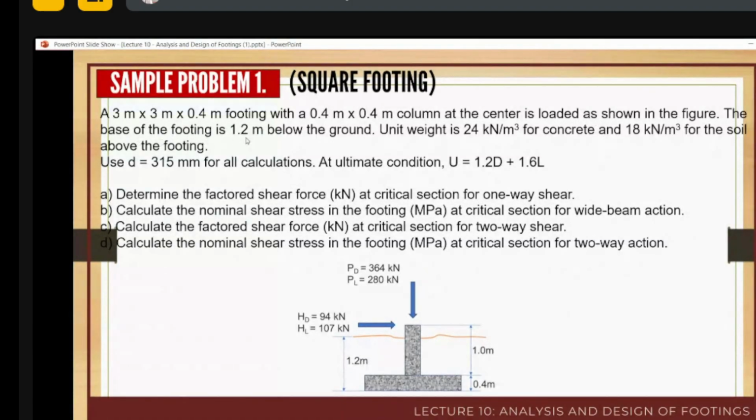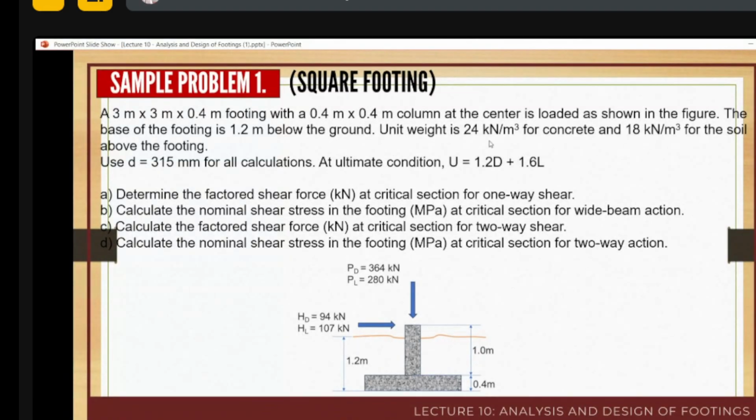The base of the footing is 1.2 meters below the ground. If this is the ground surface, then the location of the base of our footing is 1.2.